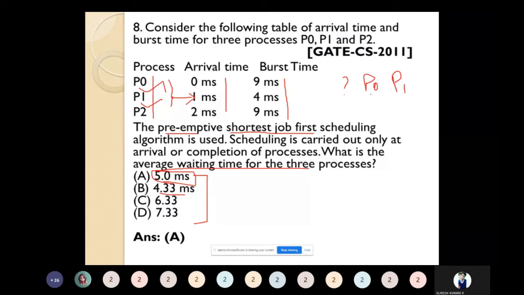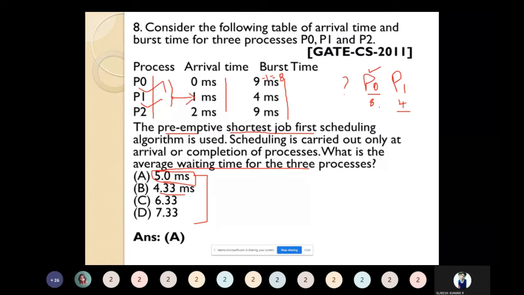P0's burst time, which has already been served for 1 millisecond, now has 8 remaining. So P0 has 8 milliseconds and P1 needs 4 milliseconds to complete. Which one has the smallest burst time here? 4. But currently P0 is executing.